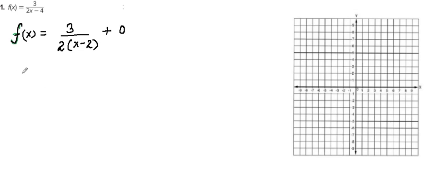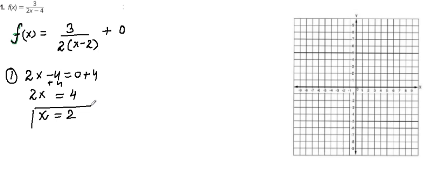So write the denominator equal to 0. So 2x - 4 = 0. Plus 4 both sides, so 2x = 4, divided by 2, so it is 2. So the domain is all real numbers except 2.